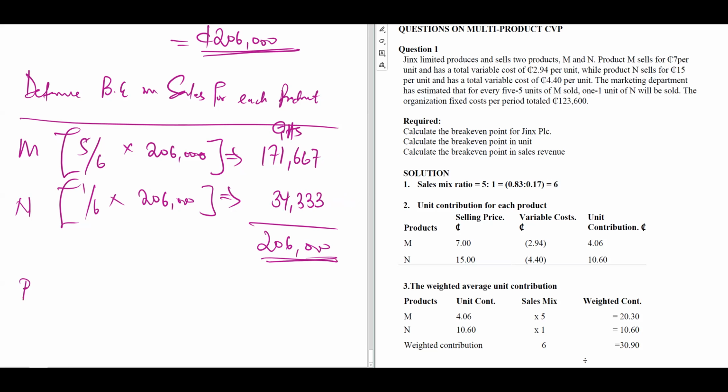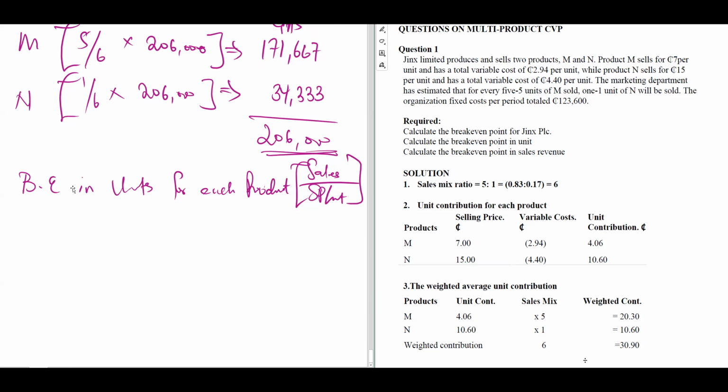Okay. Now we need a break even in units for each product, right? If you are given revenue and you need units, how do you do it? You take the total sales divided by the selling price per unit. True or false?